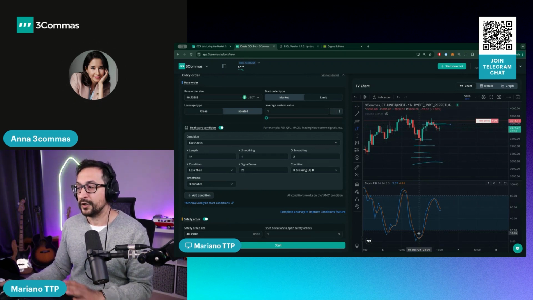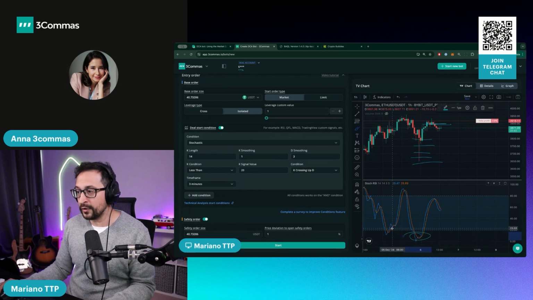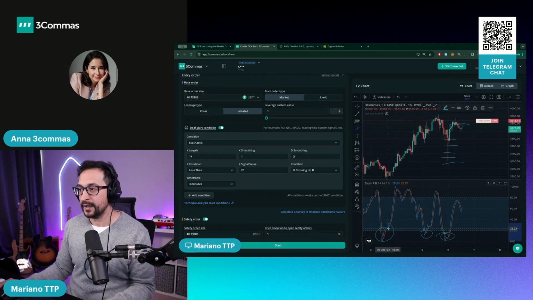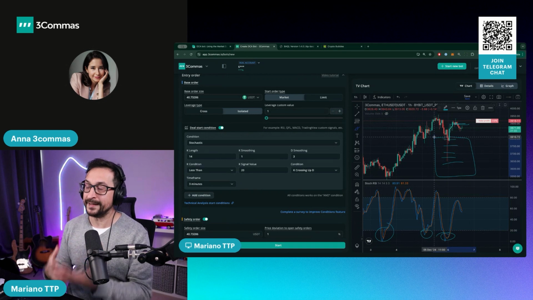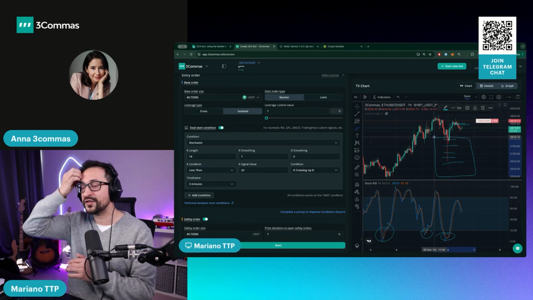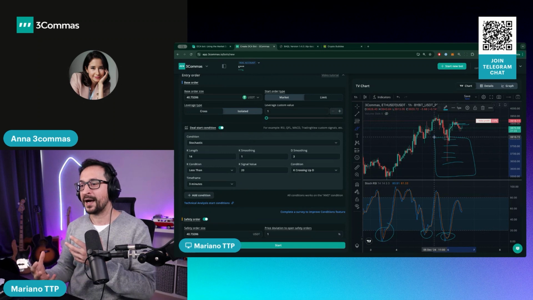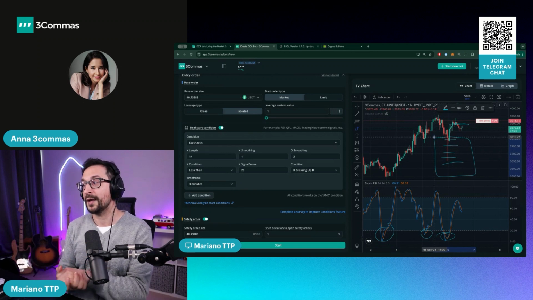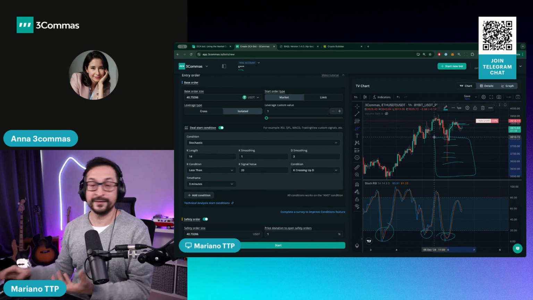And notice that not all the bull crosses are good entries, okay? So the way I'm doing this is I'm making sure that I put enough safety orders for the volatility I'm expecting that month on Bitcoin. So I don't just put safety orders blindly. I study more or less how deep I'm expecting Bitcoin to go this month and stuff like that.